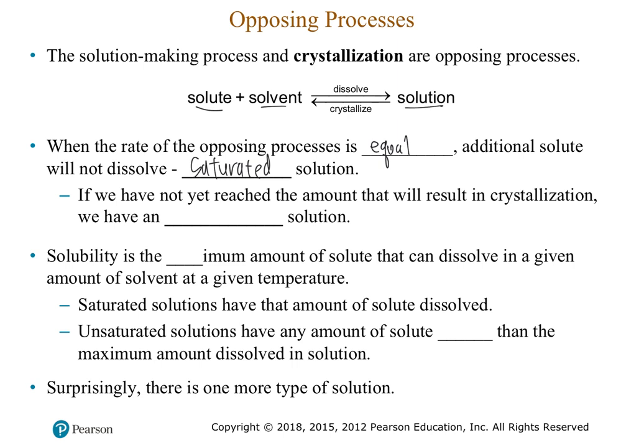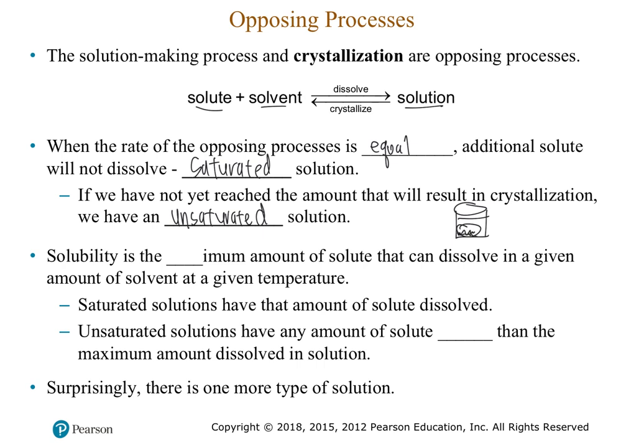So if we haven't reached that yet, so if I could add more solute and get it to dissolve and mix, then that solution is called unsaturated. So the only way to know that we have reached capacity is if I have a solvent and I add a bunch of solute to it and it's dissolving, and then all of a sudden it stops dissolving.